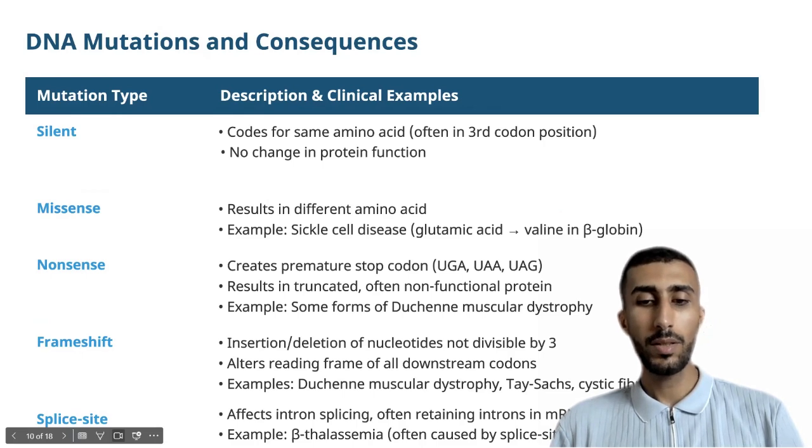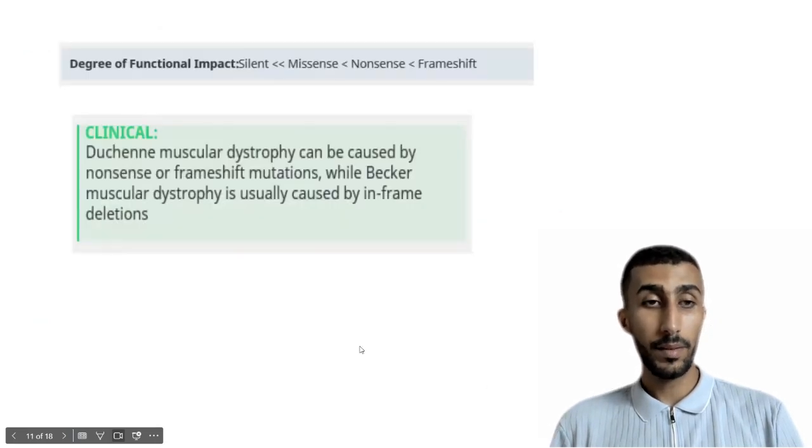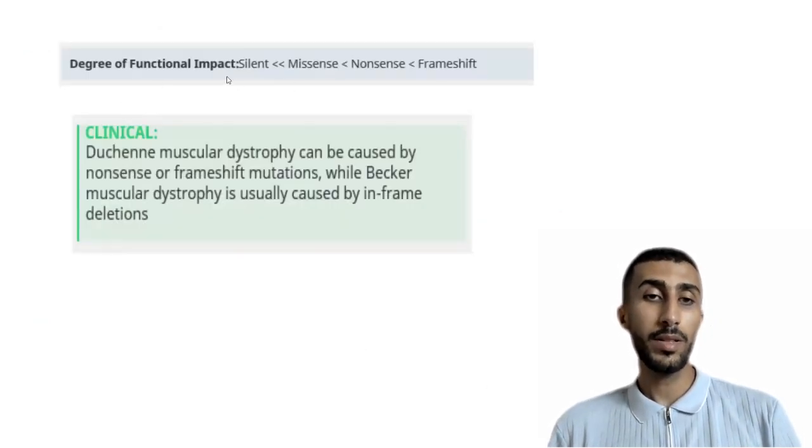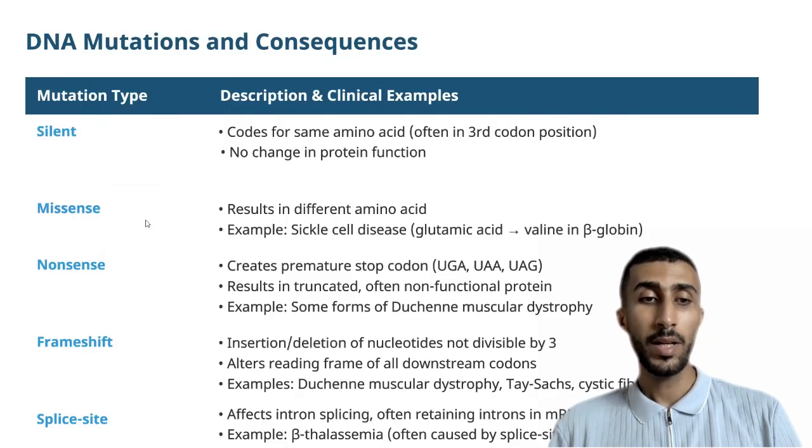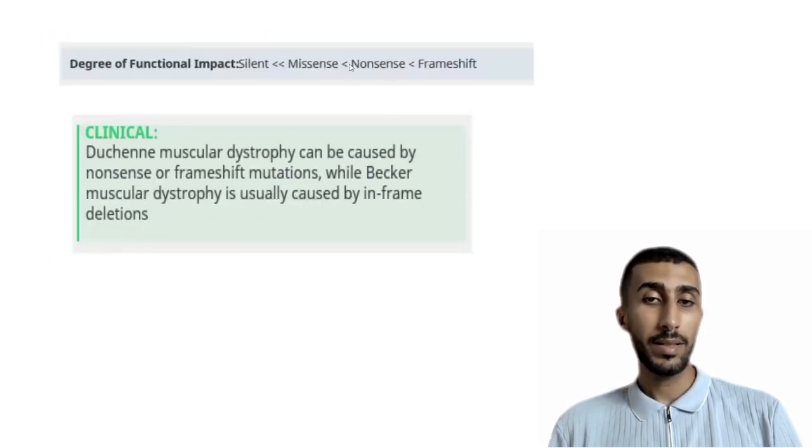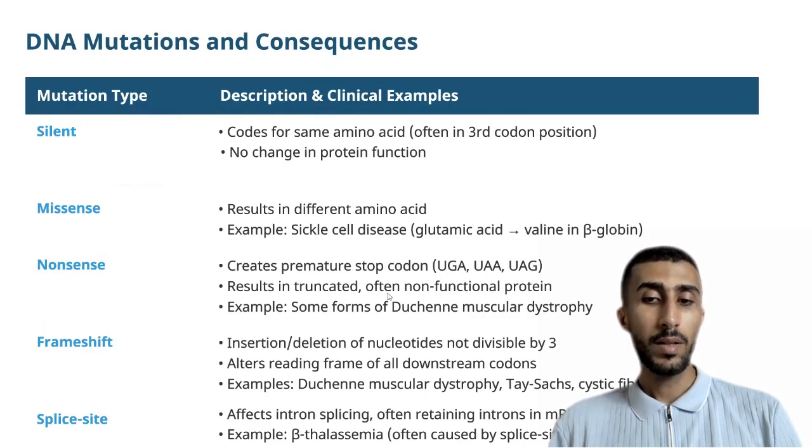As for the degree of functional mutation, the silent is the least affected. Next is the missense mutation, which produces another amino acid, such as in sickle cell disease. Next, nonsense mutation causes a truncated form of protein, such as in Duchenne muscular dystrophy.